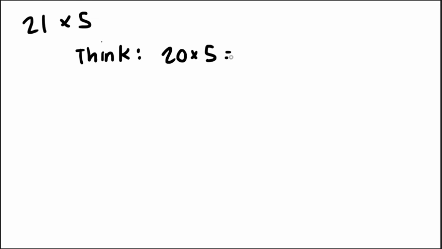Now, if we move on today, I want to talk to you a little bit about the area model. Previously, when we talked about the commutative property, we talked about when we multiply two numbers, we can think out loud, we can think that this means 20 times 5, which is 100, and one more set of 5, which would be 1 times 5, which is 5, would be 105.